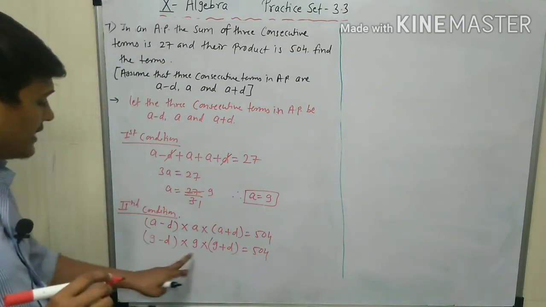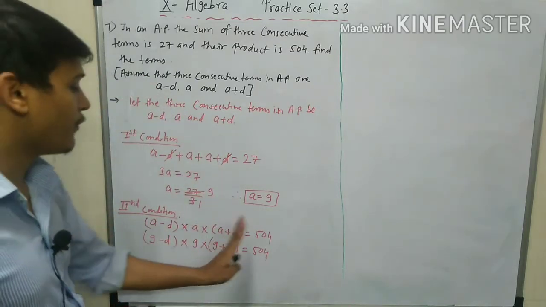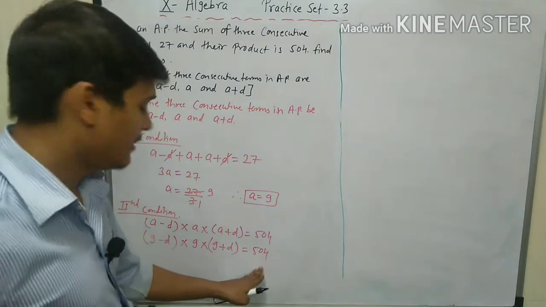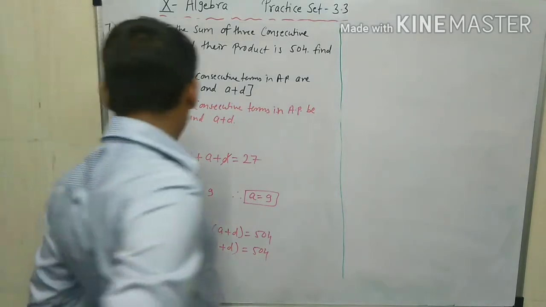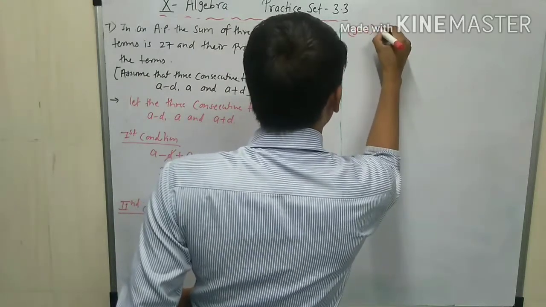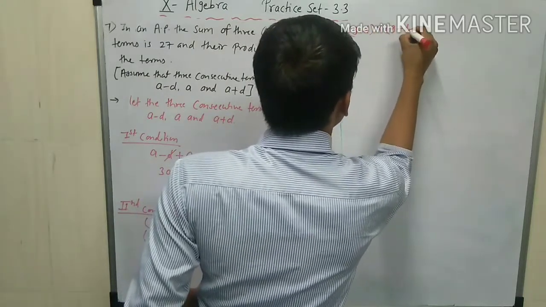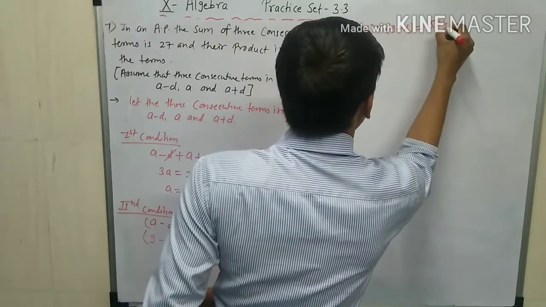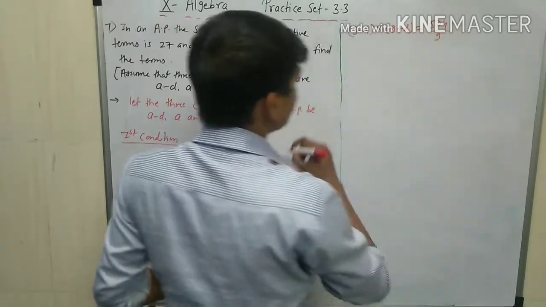Understood? Now 9 multiplies on the left, so on the right-hand side there is division. Now the equation is what? (9 minus d) into (9 plus d) is equal to 504 upon 9.